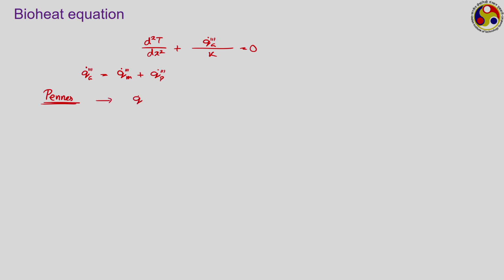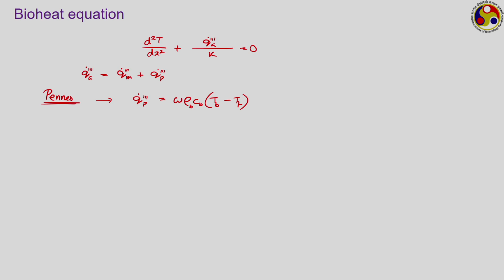He proposed that this q dot p triple prime can be expressed as omega into rho b into Cb into Tb minus Tt. Here Tb is the temperature of the blood, Tt is the temperature of the tissue, rho b and Cb refer to the density and specific heat of the blood, and omega is the rate of this perfusion.